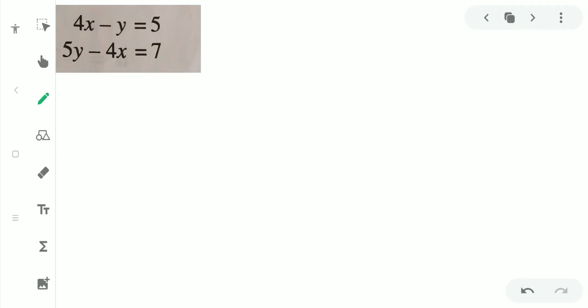The question is on your screen, that is 4x minus y is equal to 5, and the next one is 5y minus 4x, which is equal to 7. Let me write this one as equation 1, and this one as equation 2.